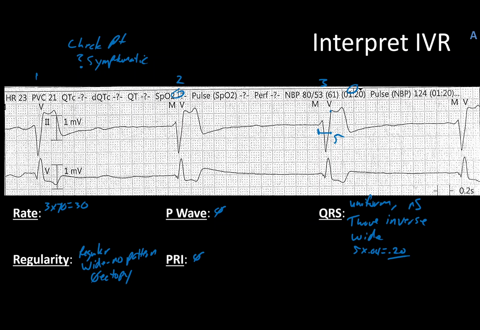So at 0.20, it meets all those criteria of being slow, wide QRS, inverted T wave, very regular, and no P waves. Idioventricular.